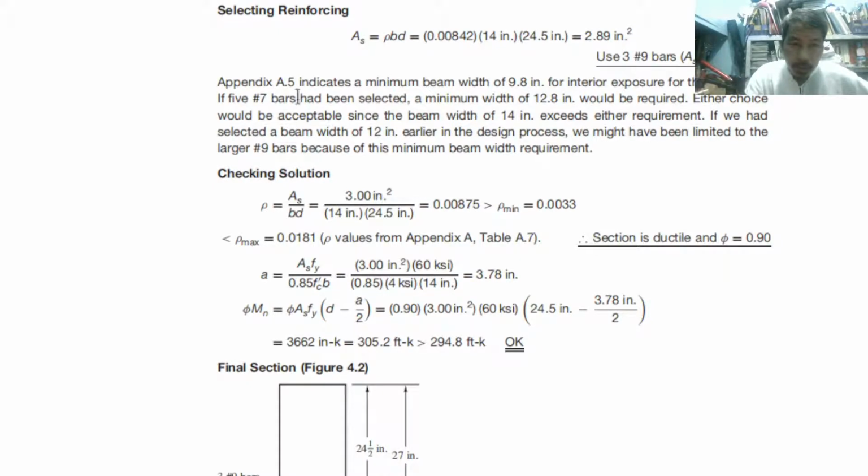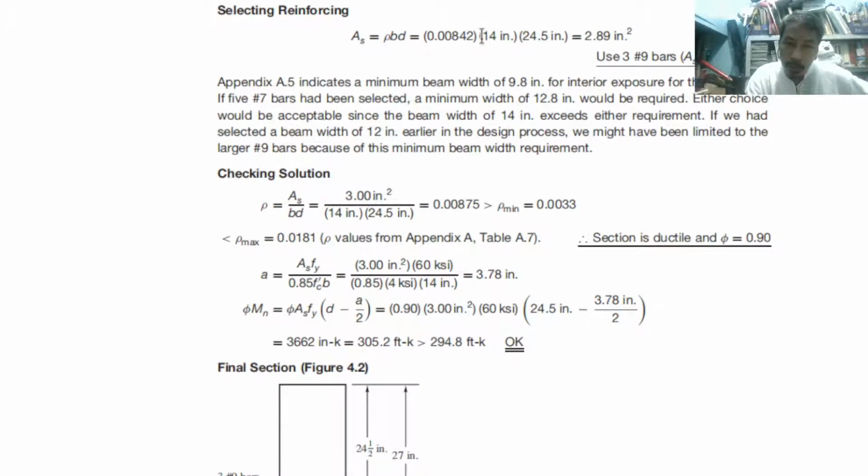If we are using number 7 bars or smaller bars, a minimum width of 12.8 inches would be required. Since we are using number 9, the minimum width is 9.8 inches for interior exposure for 3 bars.